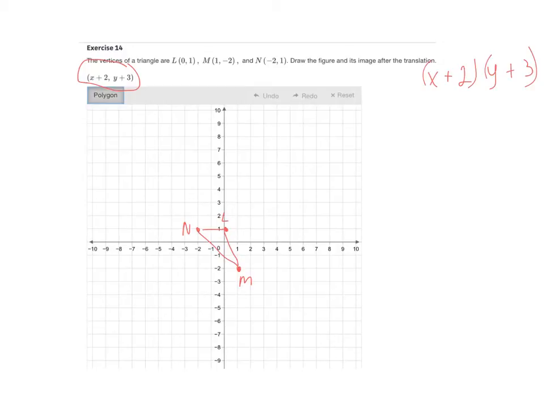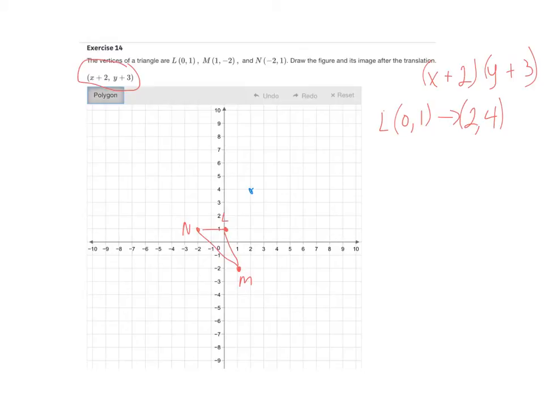So if we look at our first location, L, which is 0, 1, we're going to put that through this rule. So we're going to add 2 to the x, so 0 plus 2 is 2, and 1 plus 3 is 4. So my new location is 2, 4.